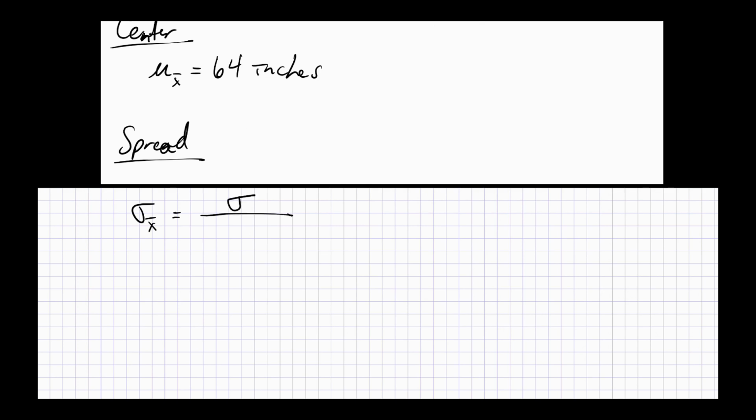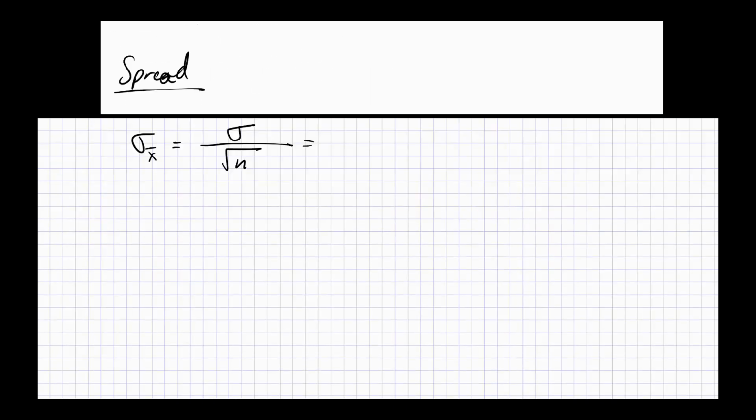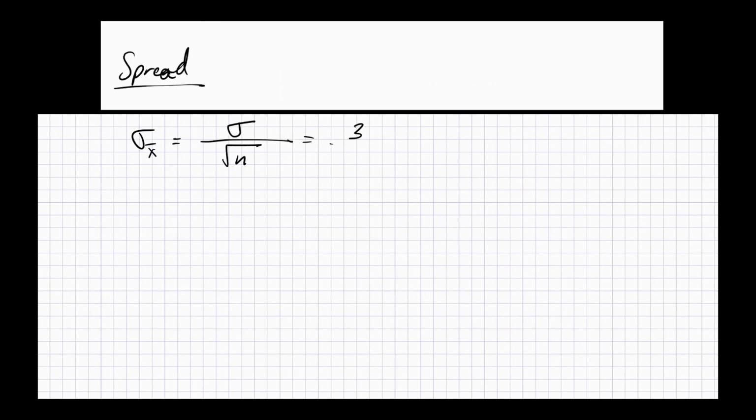It's stated for the population. It's definitely stated for the population. But because I'm taking samples, variability is going to go down. The spread for the population was 3.